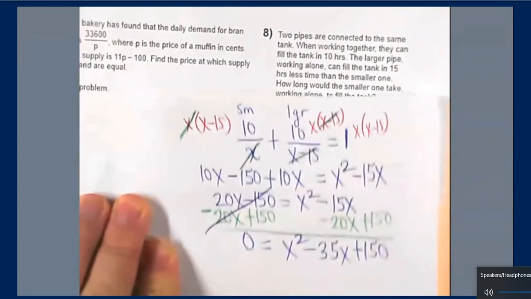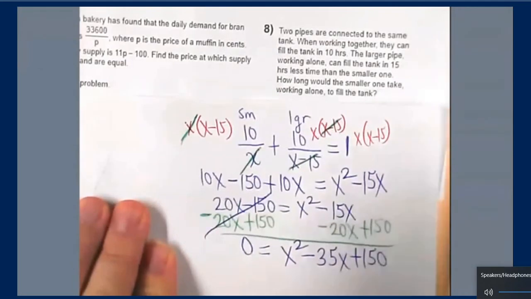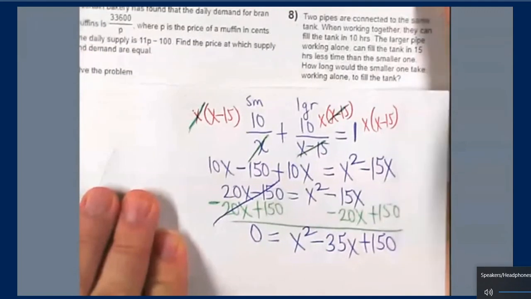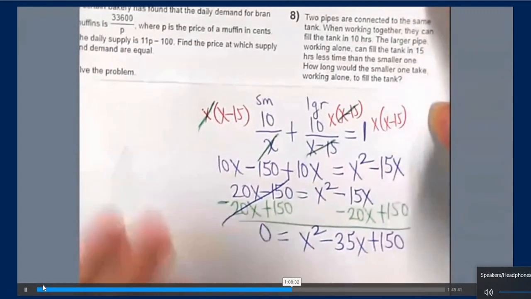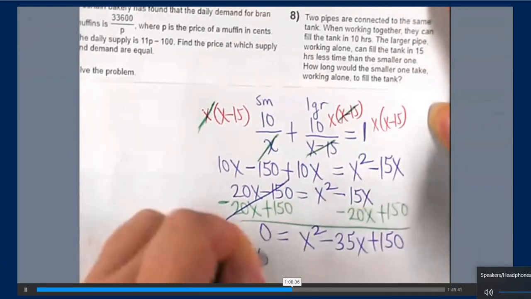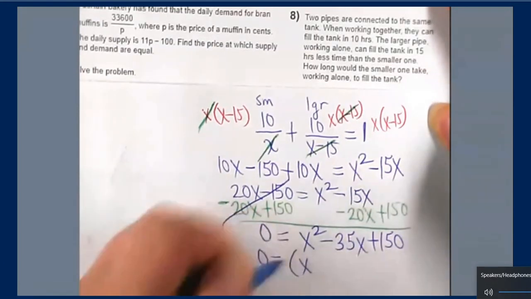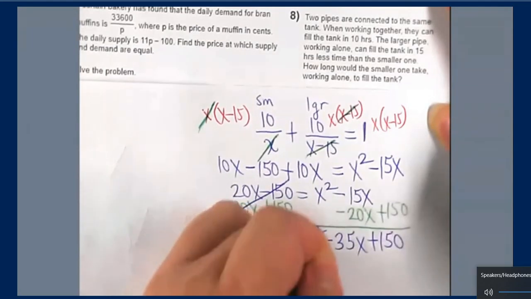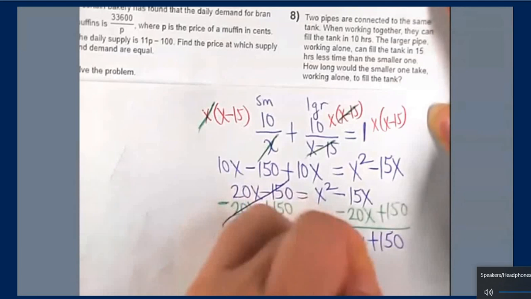Now, this quadratic equation can be factored, but you can also use the quadratic formula to break it down and find your answers. But this will break down to x minus 30 times x minus 5.